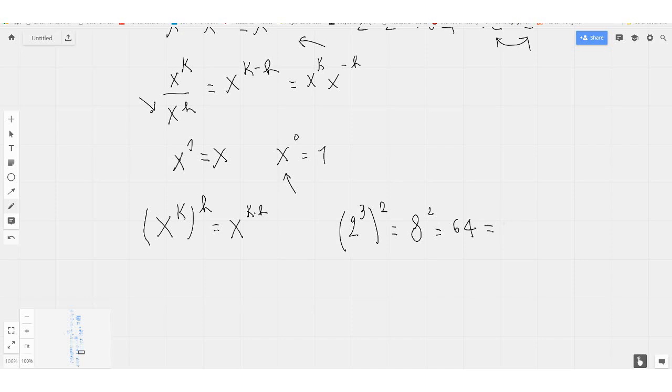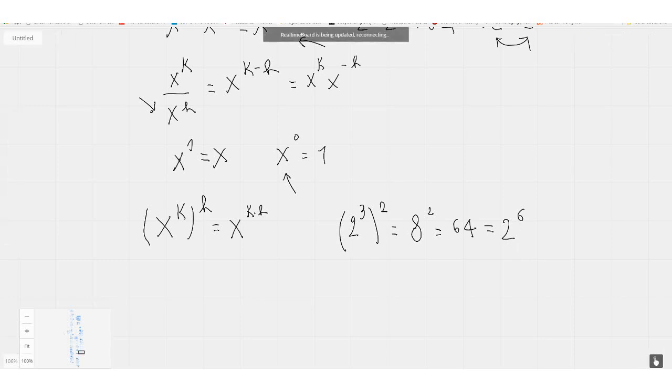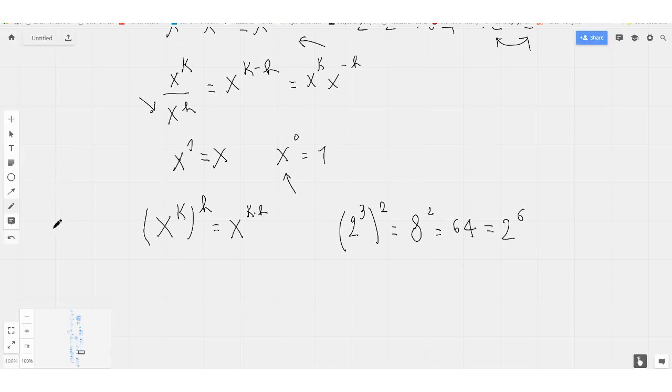The rule tells us that this should be equal to 2 to the power of 6. And that's indeed the case. 2 to the power of 6 indeed gives us 64. So as you can see, we have shown that this is correct.